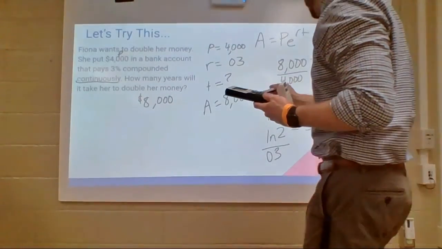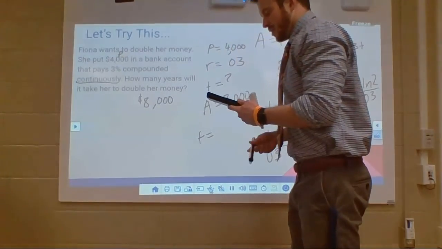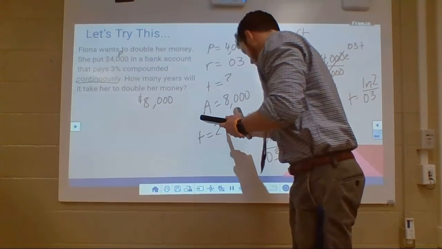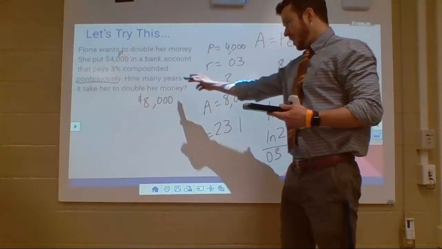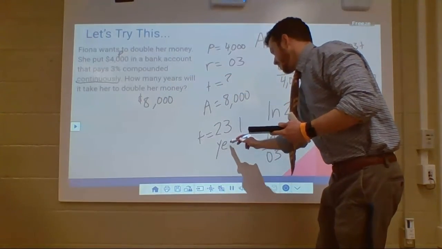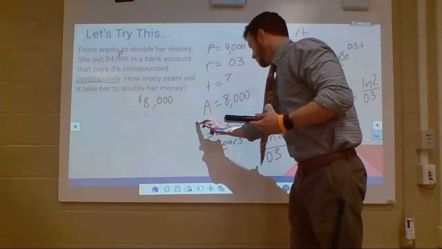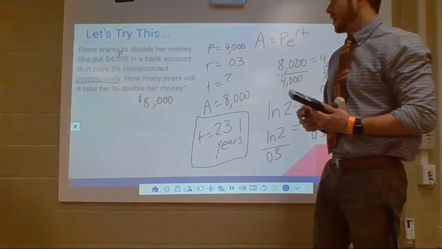All right, so t, the amount of time, and we'll round it to the nearest tenth here. 23.1, and then what was the unit? How many years, right? 23.1 years. That's the amount of time it will take Fiona to double her money, to go from $4,000 to $8,000.